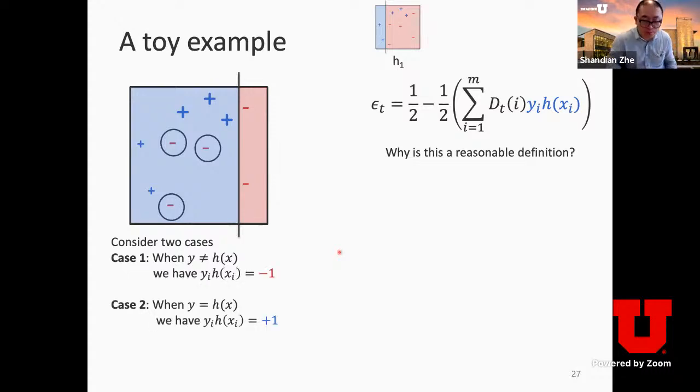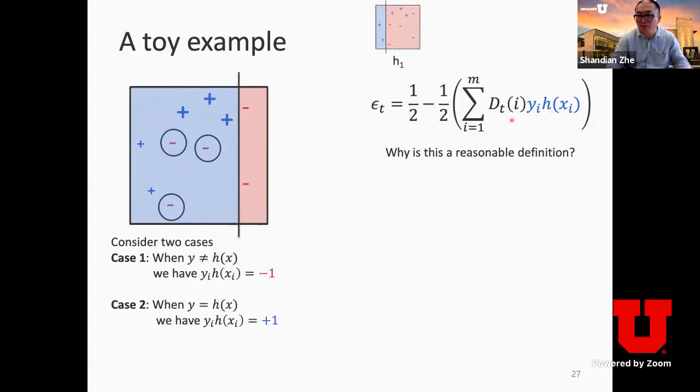So now, given these two cases, we can see that if we make a correct prediction, this product will end up being 1. So actually we subtract half of the weight of this correctly predicted example. If you make a wrong prediction, then this becomes negative, so this is -1, and two negatives become positive.